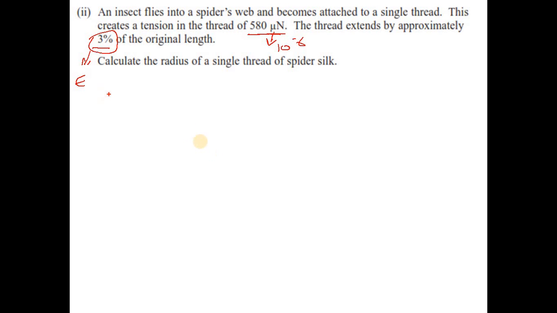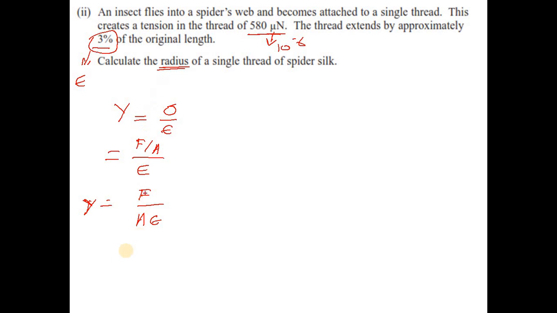So we have found Young modulus. Young modulus is sigma upon epsilon. So sigma is force upon area, over epsilon, so Young modulus equals force upon A epsilon, because we need to find the radius.